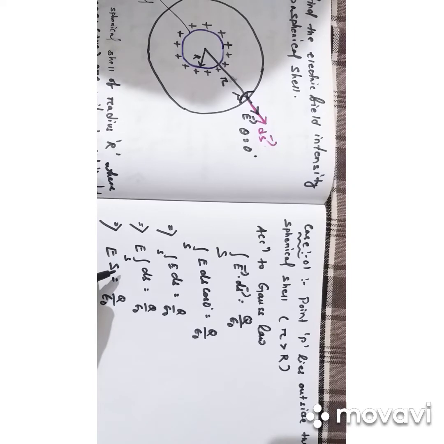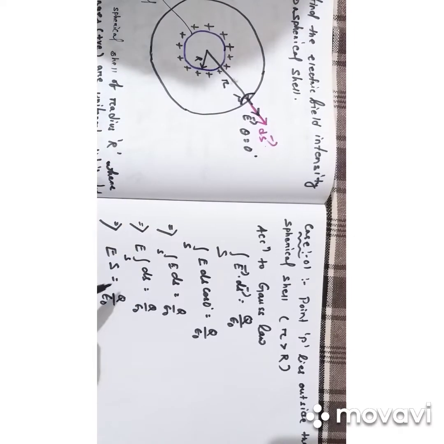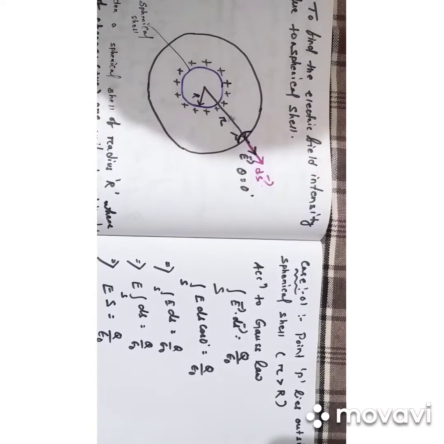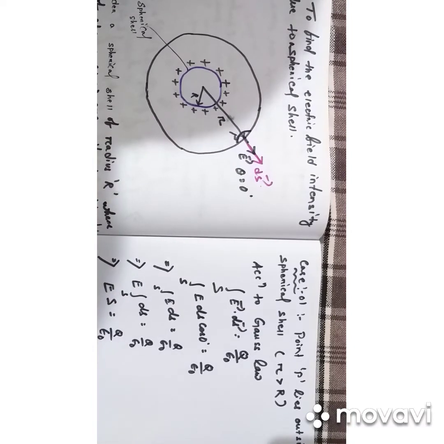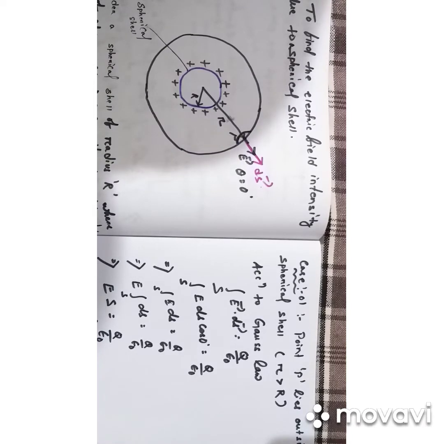The surface area of the spherical surface is 4 pi r square, so E into 4 pi r square equals q by epsilon naught.